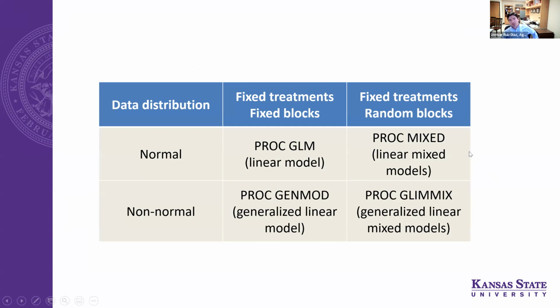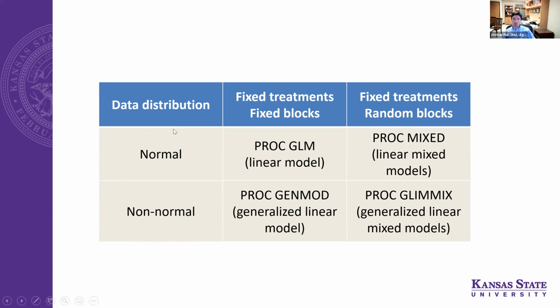Okay, so we have many possible situations for how to analyze the data in SAS, and these are maybe a good way to look at some of the main procedures we have in SAS. One of those factors is, again, I mentioned this earlier, whether the data is normal or non-normal.